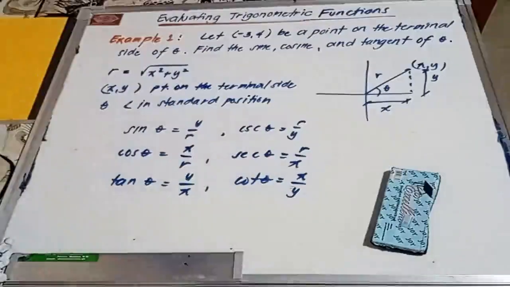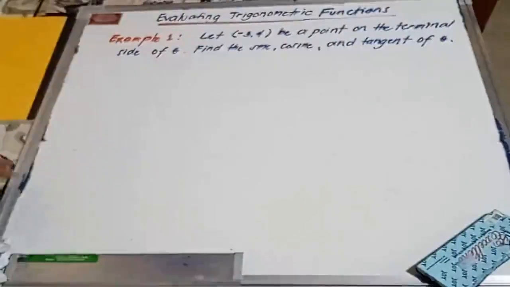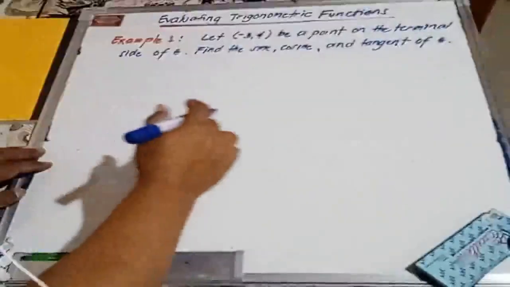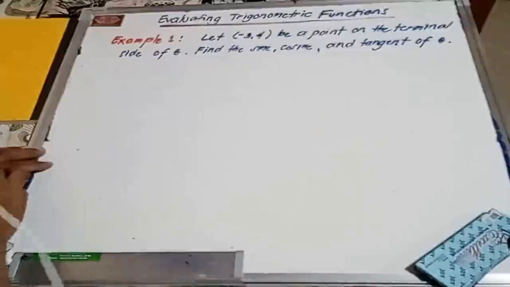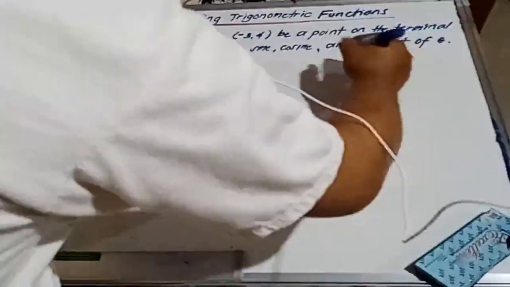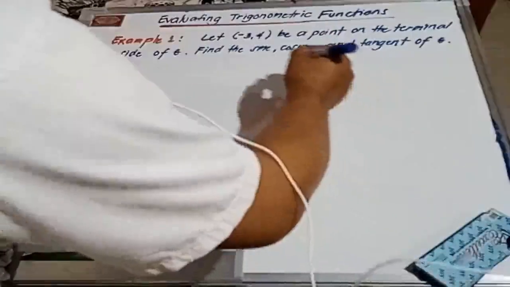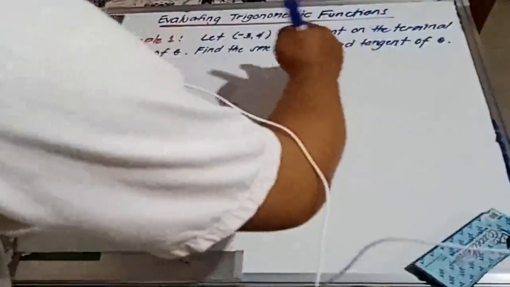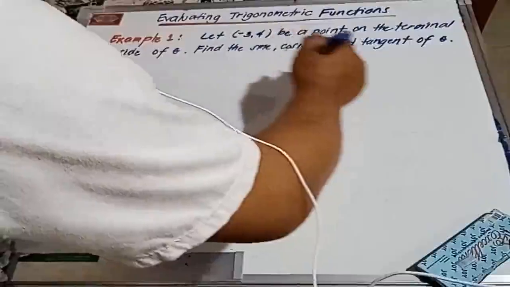We're now ready in solving example number 1. Okay? So, locate muna natin yung point negative 3, 4 dun sa ating Cartesian plane. And since x is negative, that is negative 3, and y is positive, this point is located in the second quadrant of the xy plane.